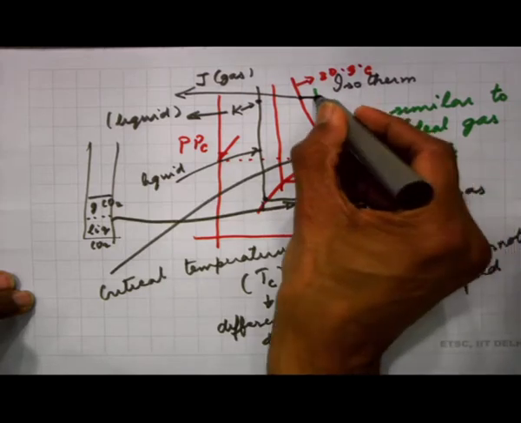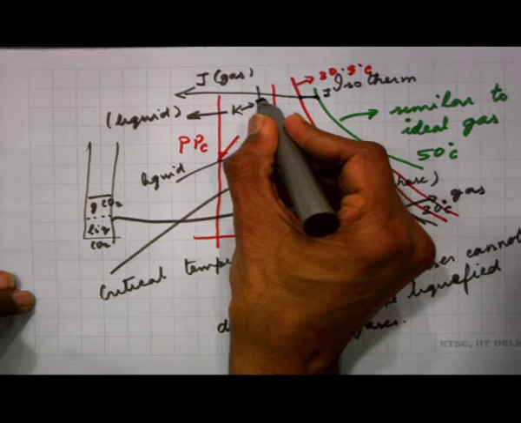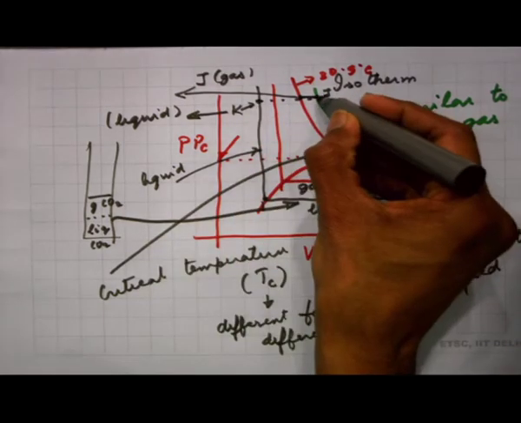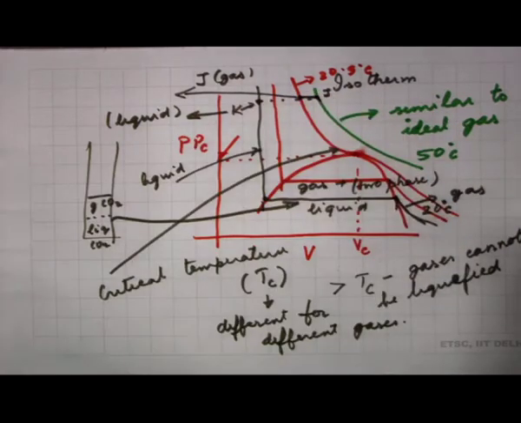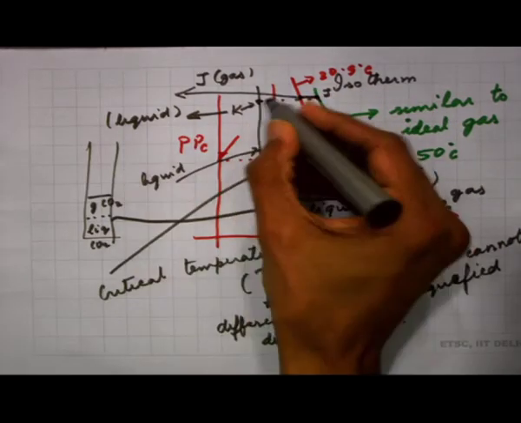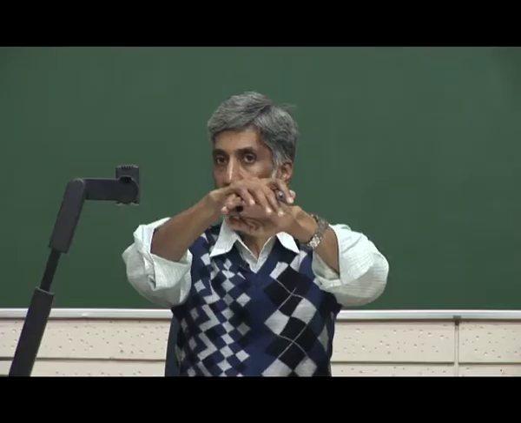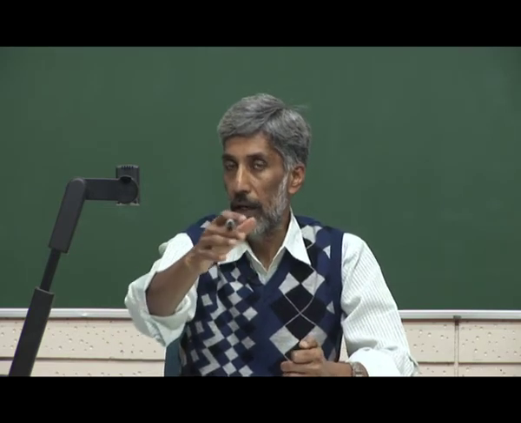This is happening at the same pressure, and you can go from the gas phase into the liquid phase, that is from J to K, without going through a gas liquid equilibrium. This is something that you have not encountered in real life, right.